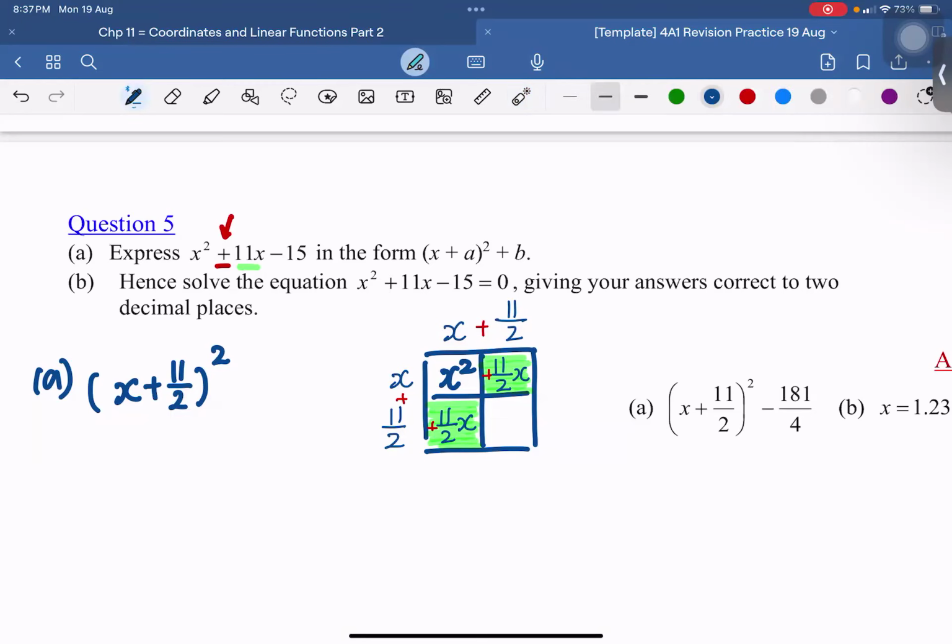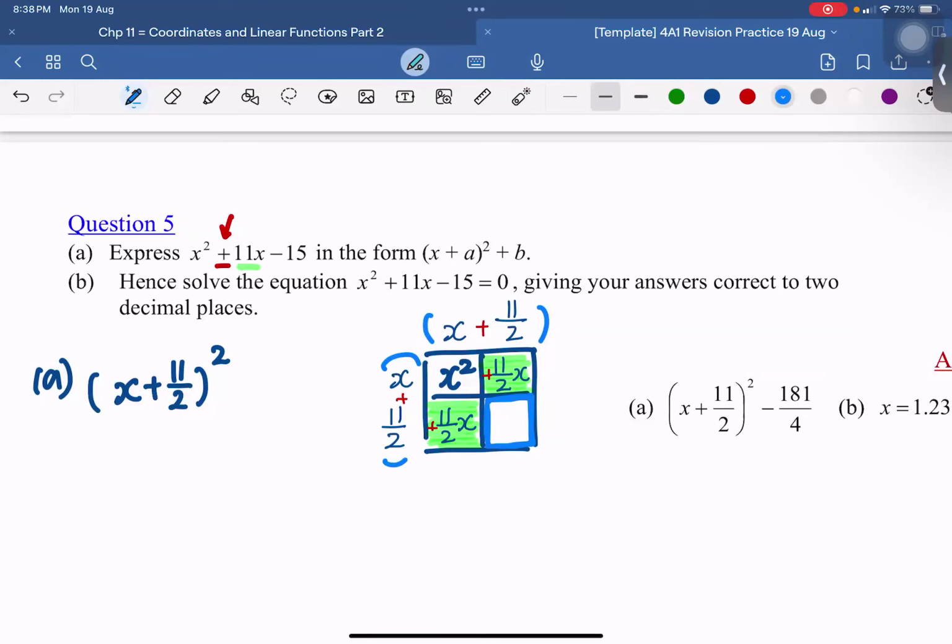So what happened in completing square? When we do completing square, there's an additional number that we added down here that's originally not inside the question. Remember, the square includes all the four numbers here. But my original question doesn't have this number over here.